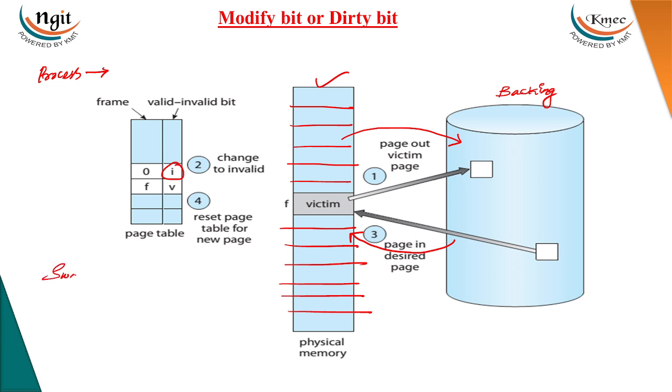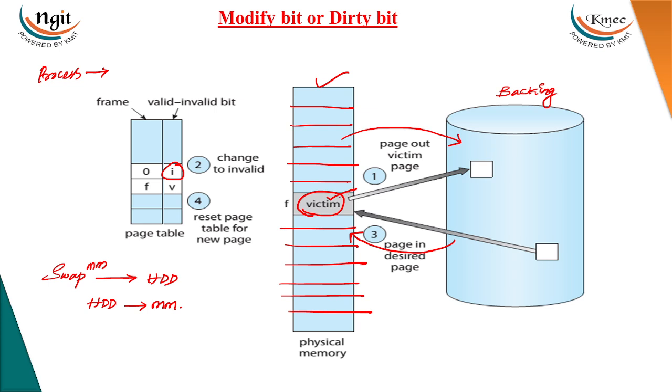That means we need to swap an existing main memory page, that is one page of a particular process, to the hard disk, from main memory to hard disk, and we need to load the new page from hard disk to main memory. The page that we select to transfer from main memory to hard disk, we will call the victim page.